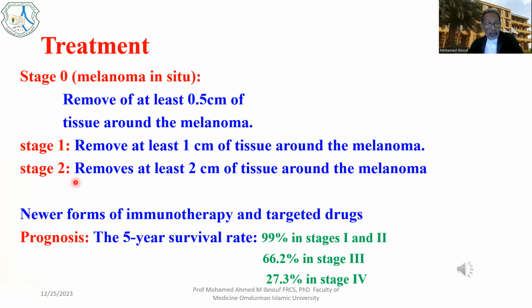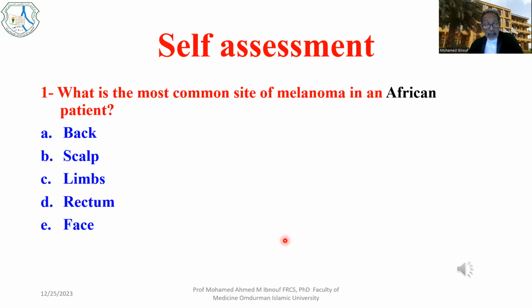And in stage 2, we remove at least 2 centimeters or more of tissue around the melanoma, including the depth. Newer forms of immunotherapy and targeted therapy can be used. The prognosis for the early stages is good. For stage 3 and 4, it is usually bad.